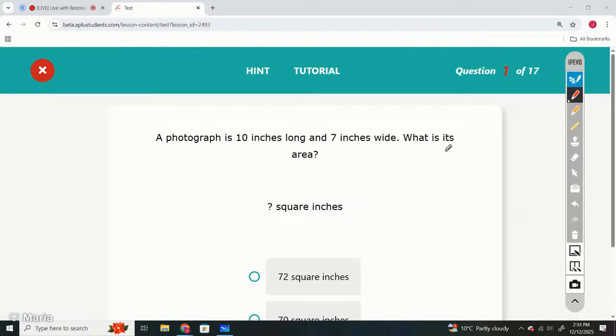What is its area? So basically that makes a rectangle, right? So we need to calculate the area of the rectangle. So area of the rectangle is base times height, like length times width, right? So we need to do 10 times 7.